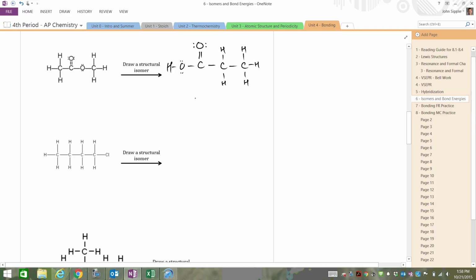It's still C3H6O2, right? Or we just move things around a little. As long as it is the same formula, we can move something around.